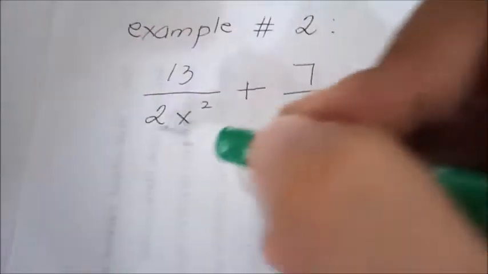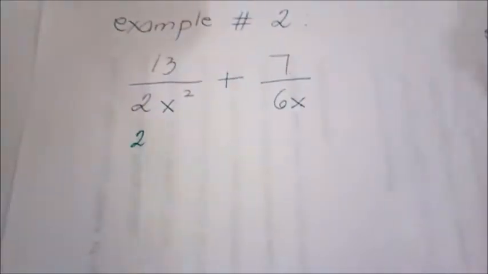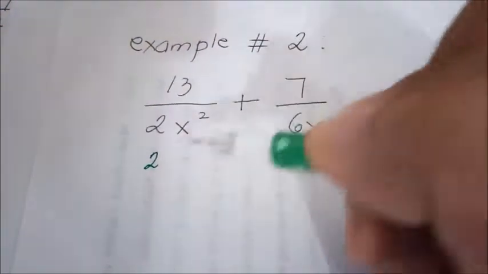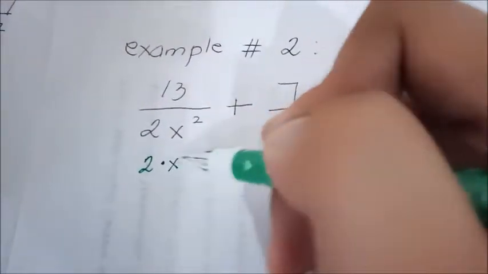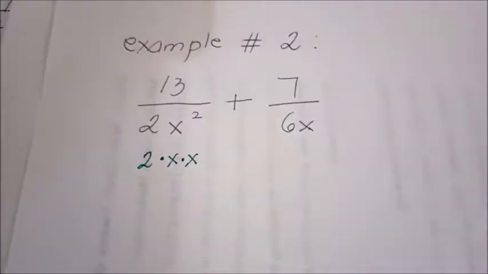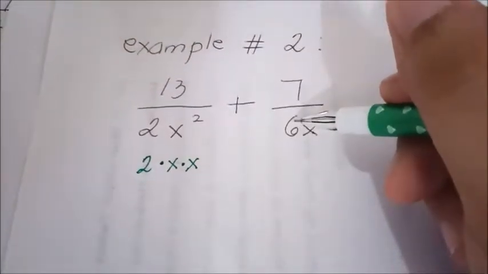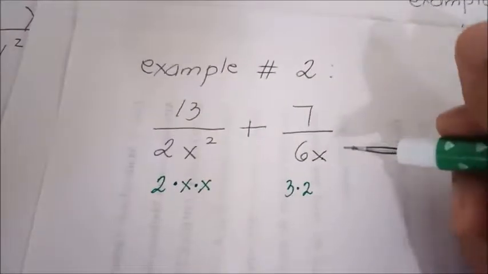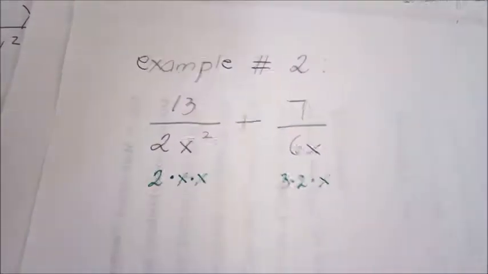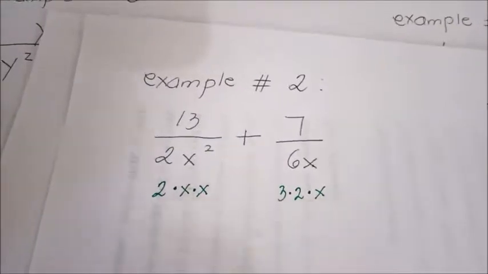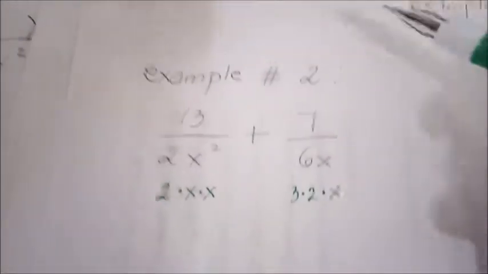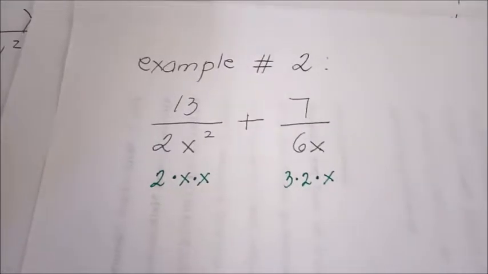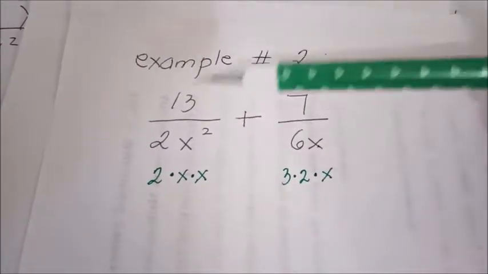Again, you can apply the factoring we did. Since we have 2x squared, its factors are, of course, 2 times 1; we don't have to write the 1. X squared came from x times x. Remember that. Then 6 is from 3 times 2. And x has no other match, so it stays as it is. Again, the same question: which factors of our denominator are not in the other?